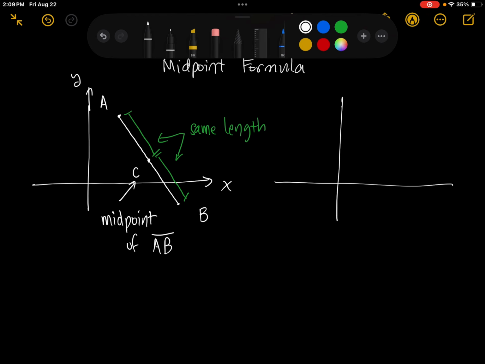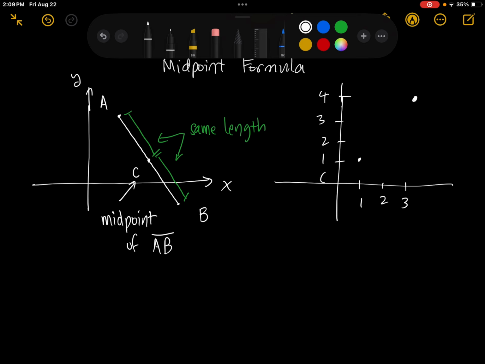So let's say that you have the point 1, 1, so here's 2, 3, 4, and let's say that you have the point 3, 4.